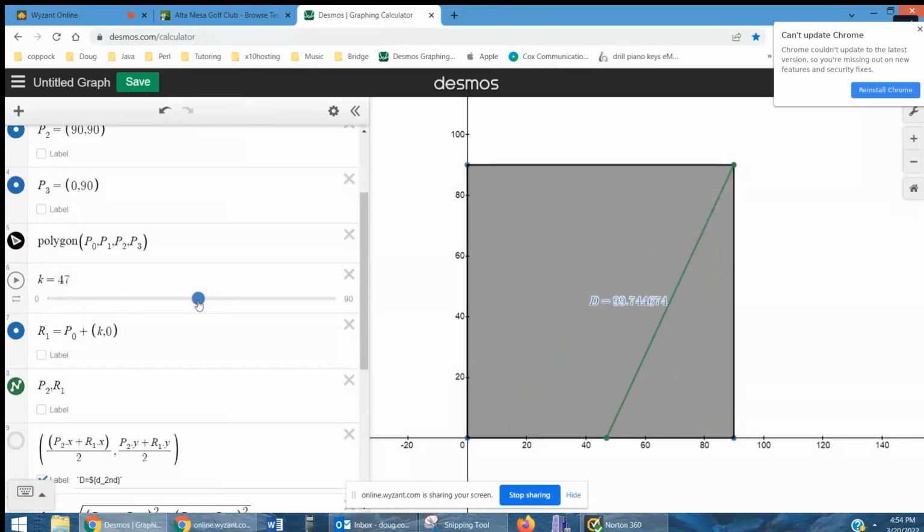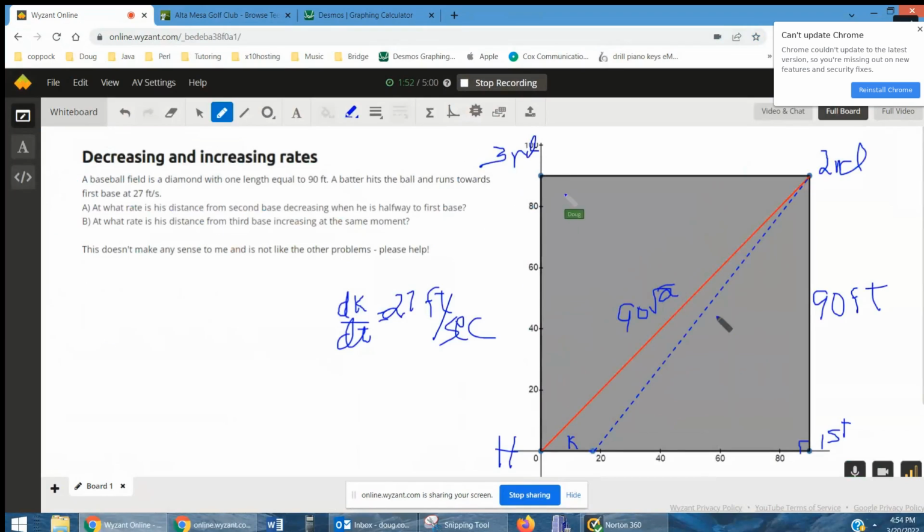Okay, and we want to know how fast it's decreasing when he's halfway to first base, which would be 45 feet. Okay, so we need a relationship between all these variables.